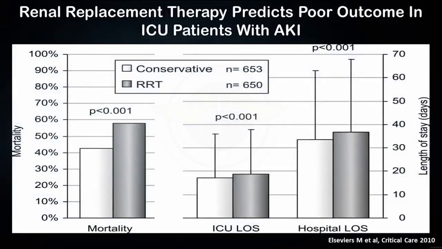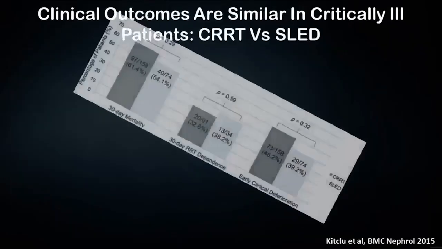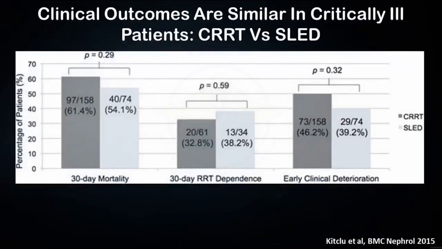In this study, comparing outcome in patients with AKI who were managed conservatively to those who required dialysis, there was a significantly higher mortality in patients who required dialysis, and they also had a longer hospital stay. Now, coming to CRRT versus SLED, these are two modalities which are usually used in patients who have AKI with hypotension.